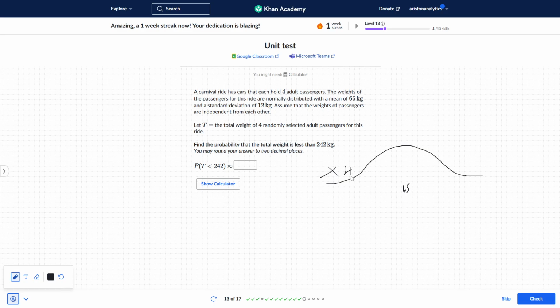If we multiply this by 4, it would just move that way. And standard deviation and mean would both be scaled proportionally. So 65, 130, 260, and then the standard deviation would be 48 kg. And this is now the distribution of the sum of 4 passengers. 4x. Like that.